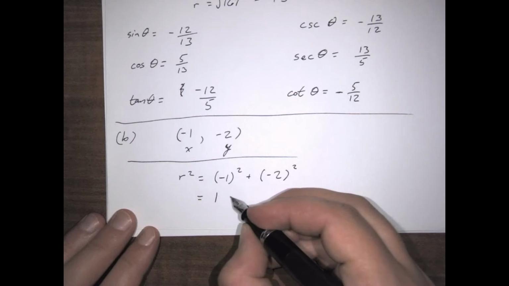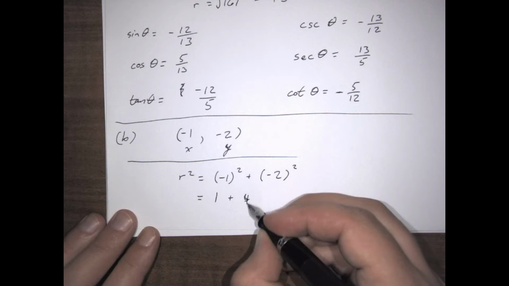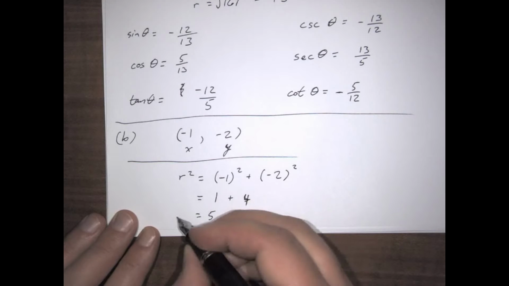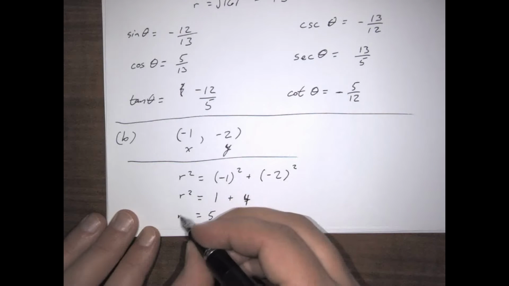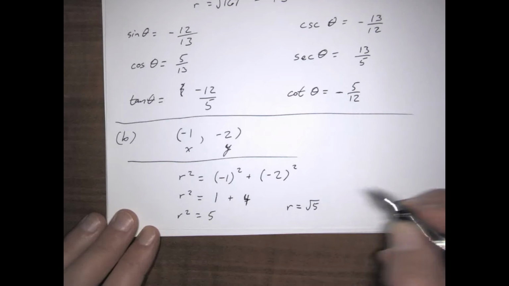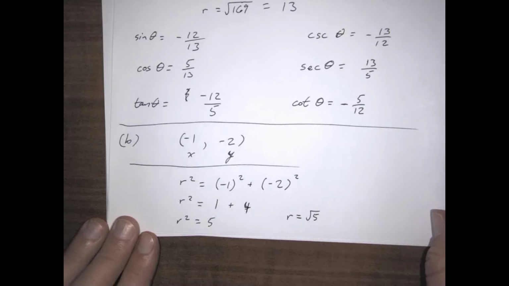That's going to be a 1, and this one's going to be a 4, adding up to 5. So r squared equals 5, which means that r equals the square root of 5. Well, so be it.